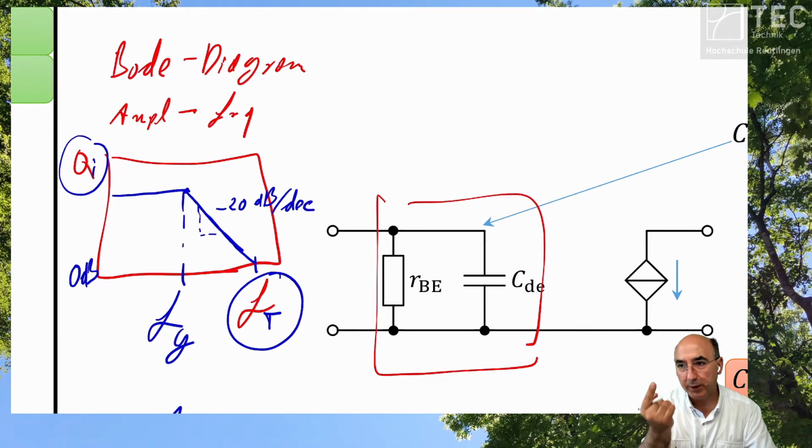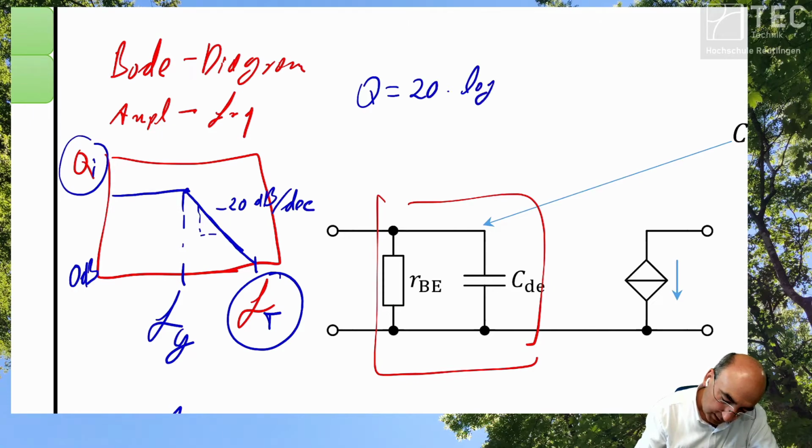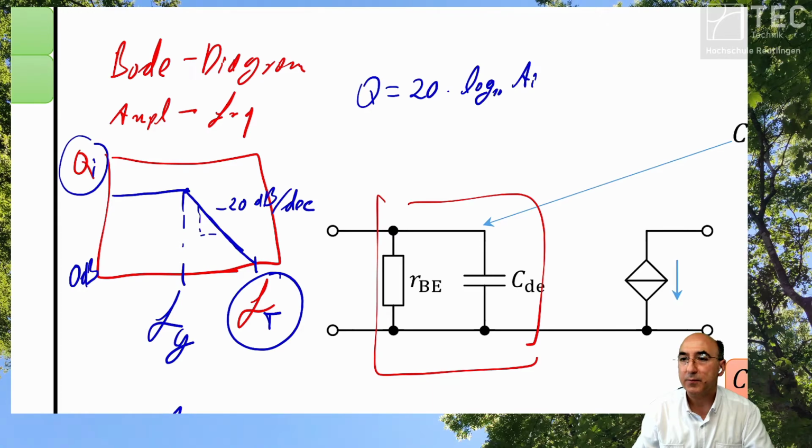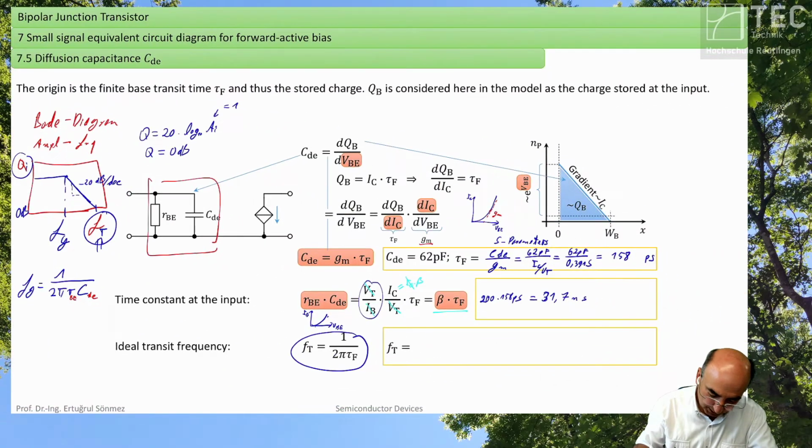In dB, 1 is 0. So if the calculation of Q is 20 times log base 10 of your gain, so your current gain, and if this value is equal to 1, your Q is 0 dB. So this is the definition of the transit frequency. And here we have just the equation.